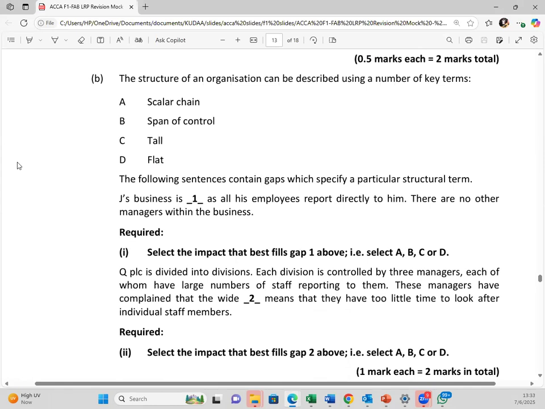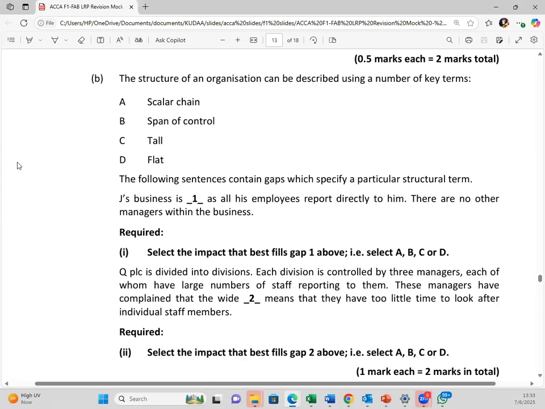I's business is dash, as all employees report to him directly. There are no other managers within the business. So what can we say about I's business? It's flat. If it's flat, it means that there are fewer managerial levels. So that one is a flat structure.